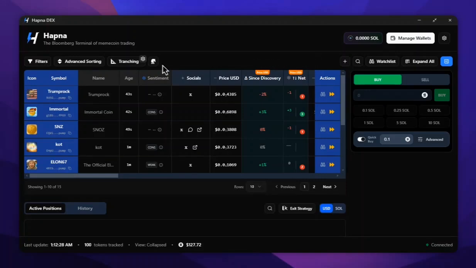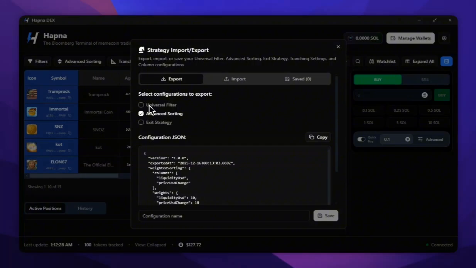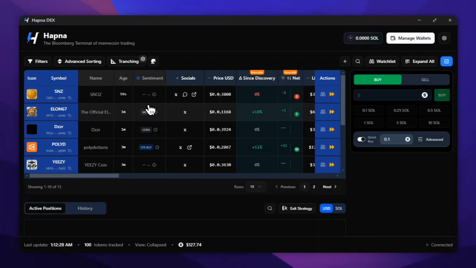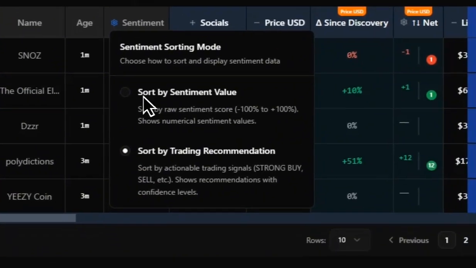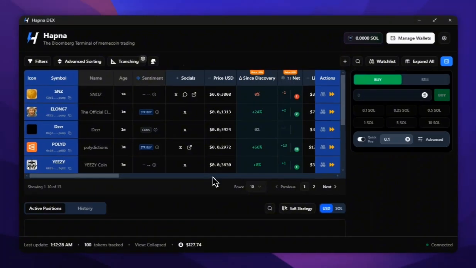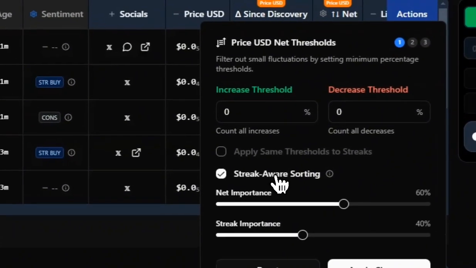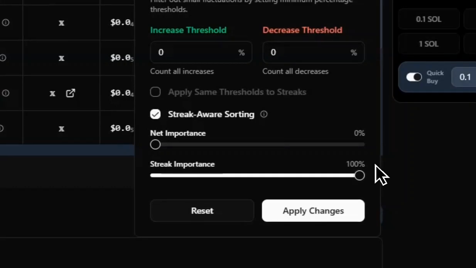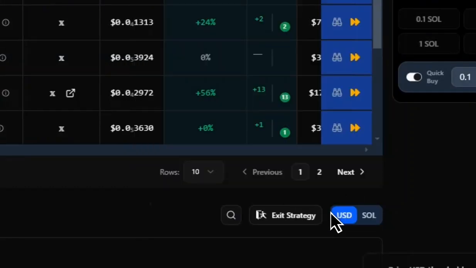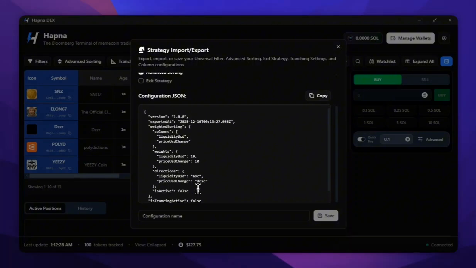All right, now this tiny strategy icon here enables you to export all of this up to the column specific settings, which means this. If I change, for example, this column settings, it's going to be part of this JSON code, the code that you can share with other users. If I come here, for example, activate the streak aware sorting or modify any kind of column setting and I click apply changes, if I go here, I'm going to see it in the JSON code.